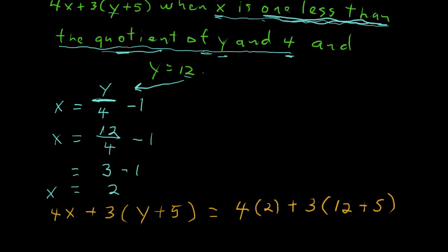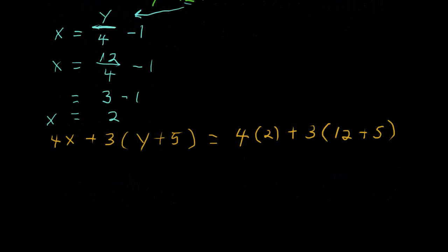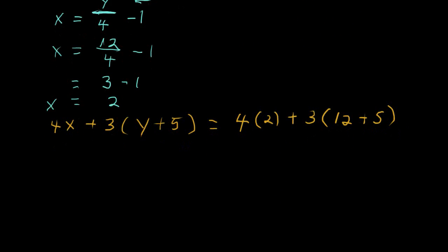Okay, now we're called again to do order of operations. We need to do inside the parentheses first, and there is an operation indicated inside the parentheses, and that is an addition. So we'll do that first. I'm just bringing down everything else, no changes so far. And then 12 plus 5 is 17.